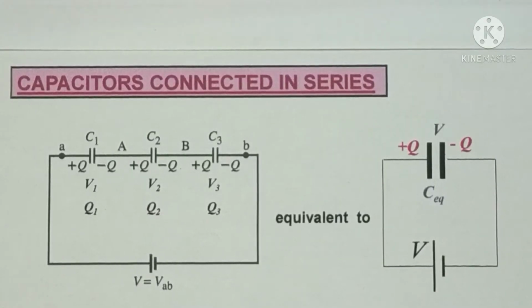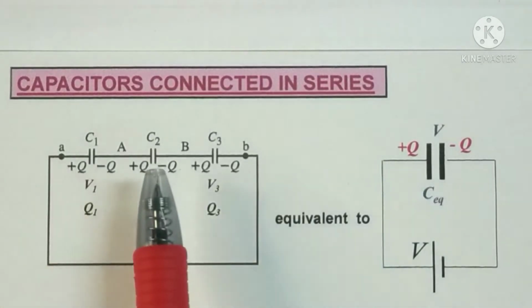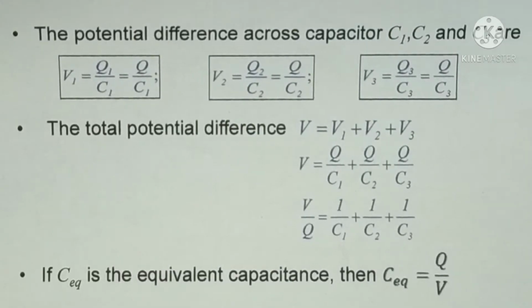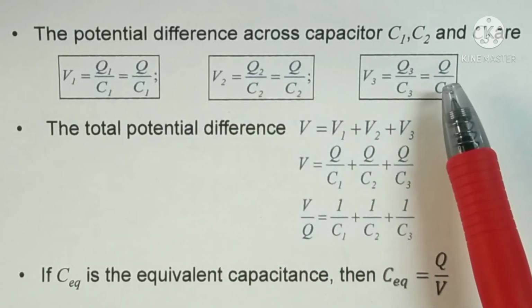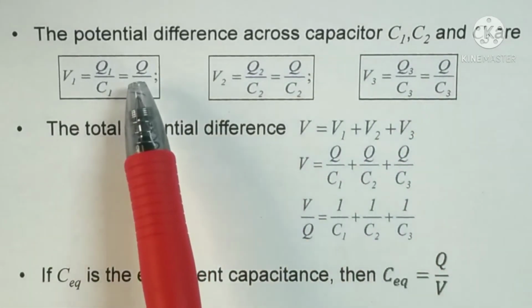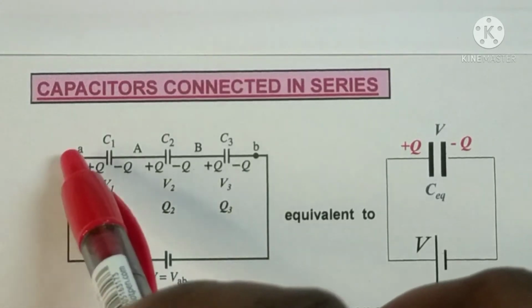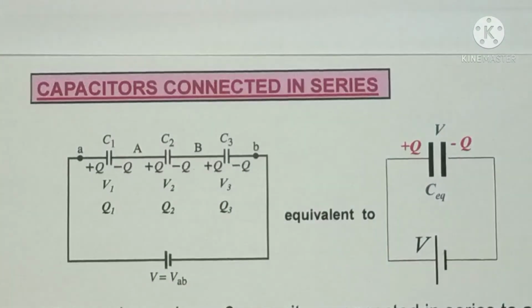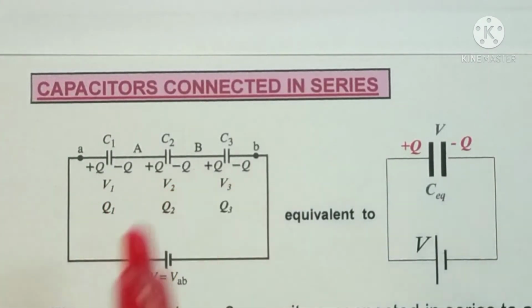It is crystal clear that the charge remains the same across capacitors C1, C2 and C3, so the amount of charge in each will be Q. The total potential difference across A and B, VAB, is equal to V1 plus V2 plus V3.